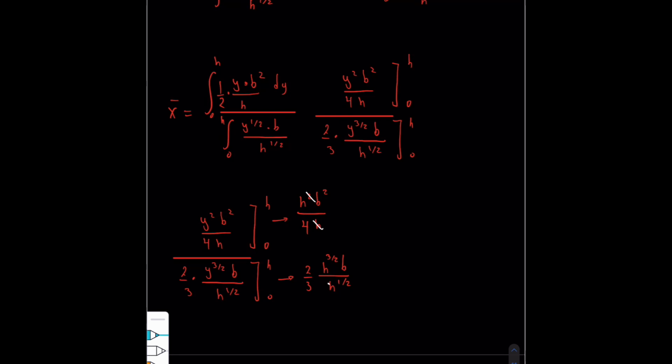Okay, this is going to cancel out, and we're just going to be left with an h to the power of 1. Okay, here are our two basically pieces of the integral for the centroid. Our results: 3 times HB.